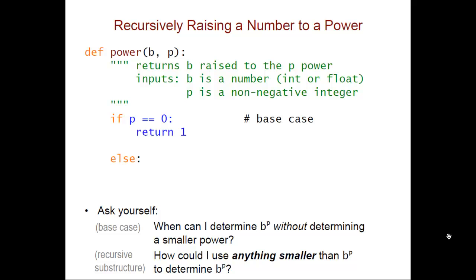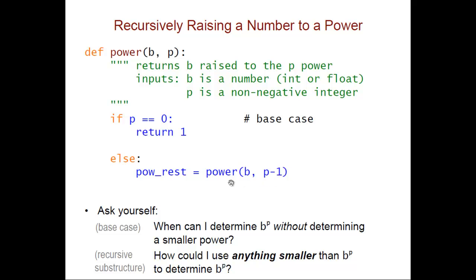Next, we need to figure out the recursive case, and we need to ask ourselves, how can we reduce the problem to a smaller version of the problem that would then be helpful in determining the solution to the original problem? And an easy way to do that here is just to subtract 1 from the exponent, p, from the power. Because if I know b to the p minus 1, I'll be able to figure out b to the p.